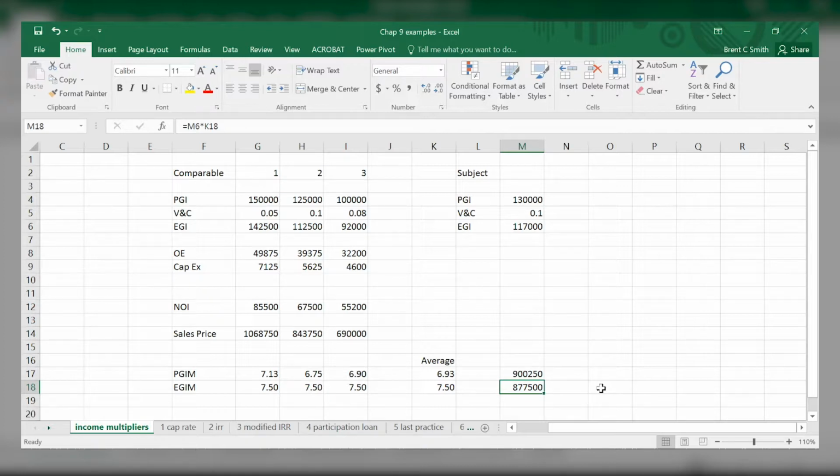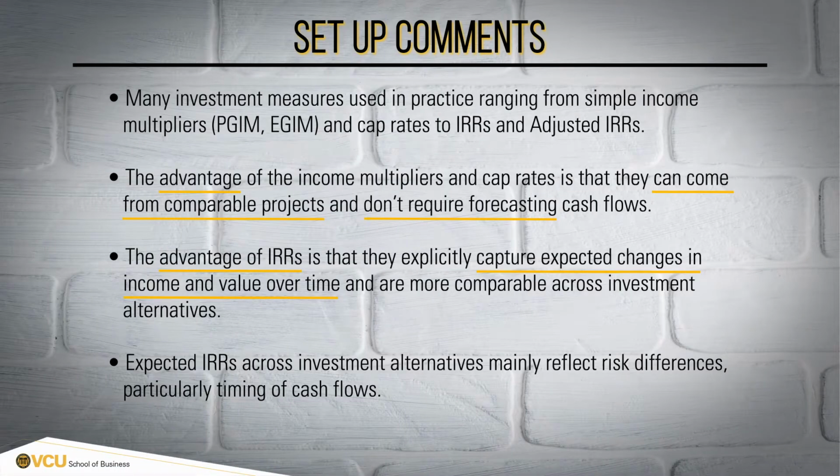And so that's the potential gross income multiplier and the effective gross income multiplier. Like the cap rate, as you saw from that illustration right there, it considers only next year's information. We're not casting forward into the whole holding period. To get into that, we need to think about the internal rate of return.